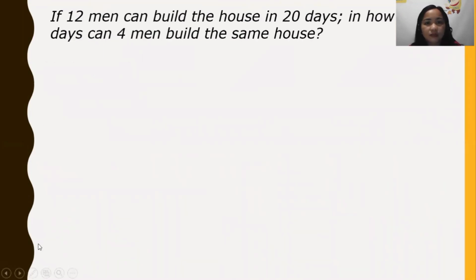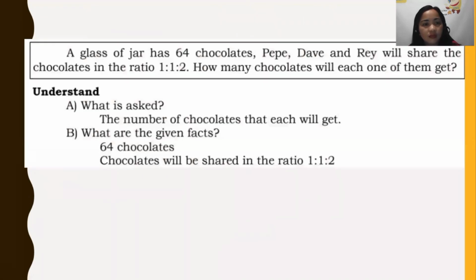Now, let's have this example. A glass jar has 64 chocolates. Pepe, Dave, and Ray will share the chocolates in the ratio 1:1:2.